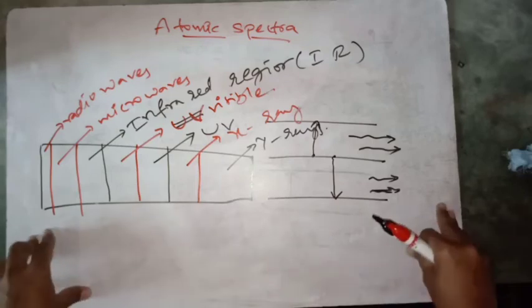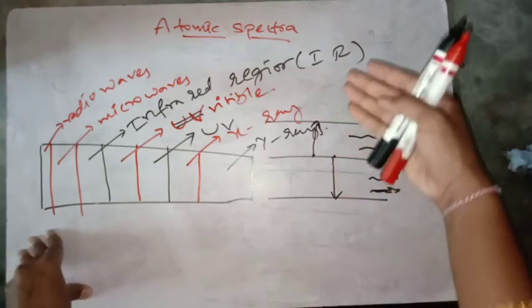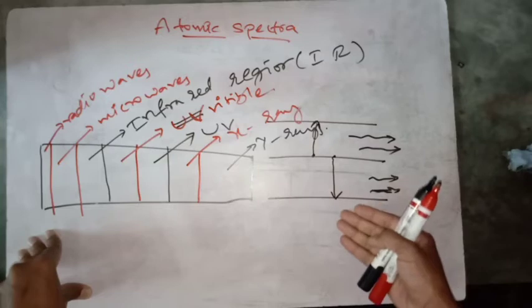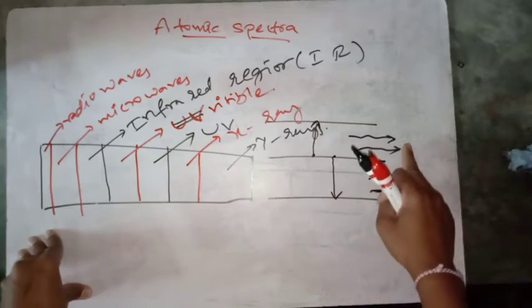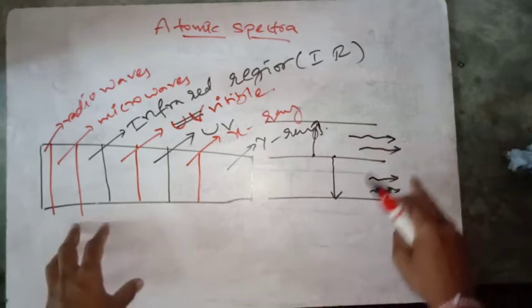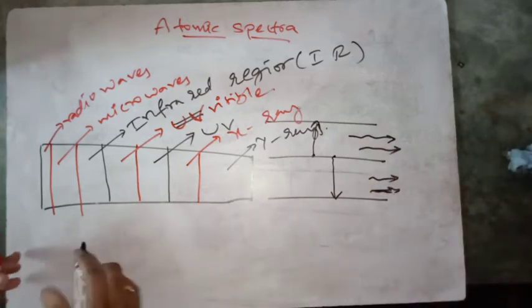When an electron moves to the higher energy level or to the lower energy level, it emits energy, or it emits a wavelength. This wavelength belongs to the electromagnetic radiation.